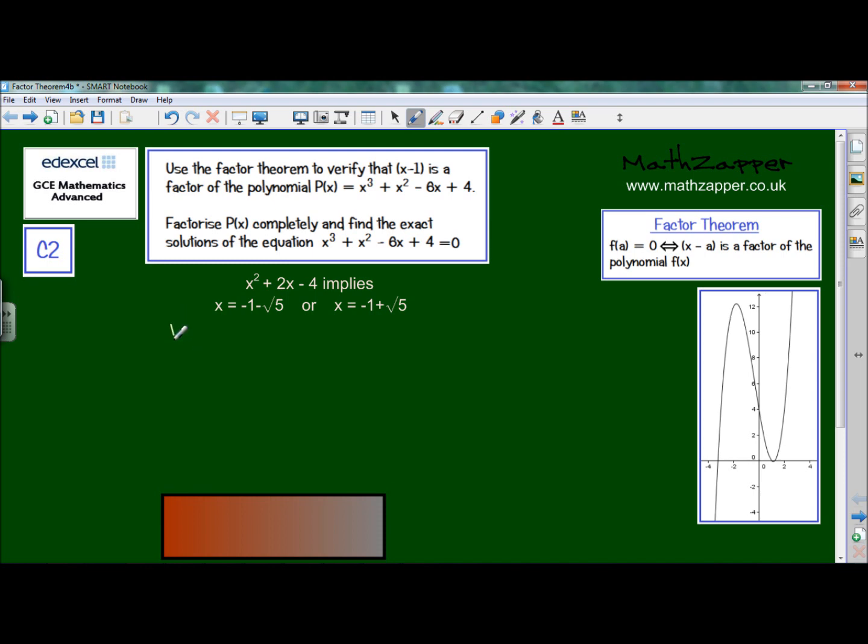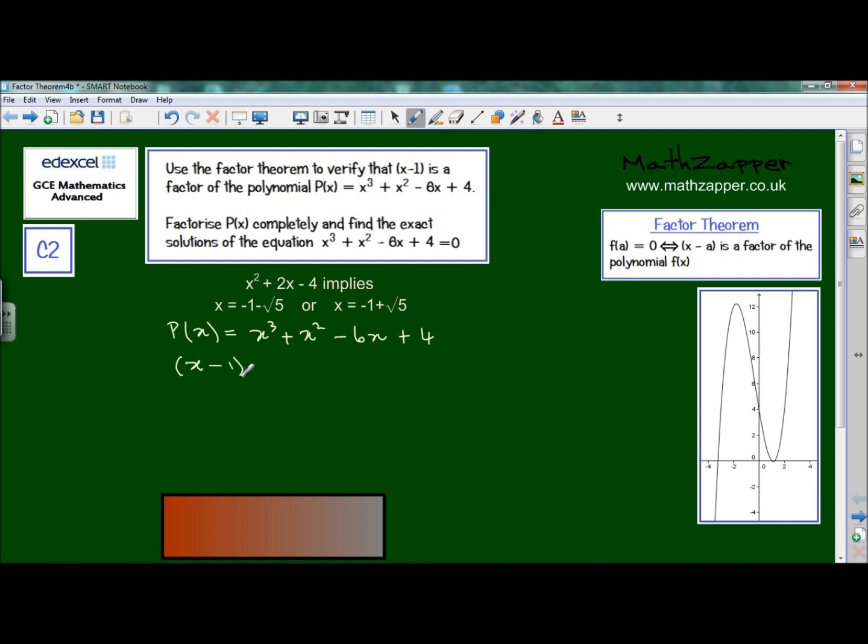In the original polynomial, p of x is equal to x cubed plus x squared minus 6x plus 4. And we already found out that one of the factors was x minus 1.